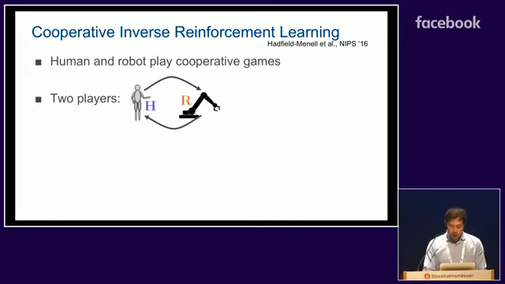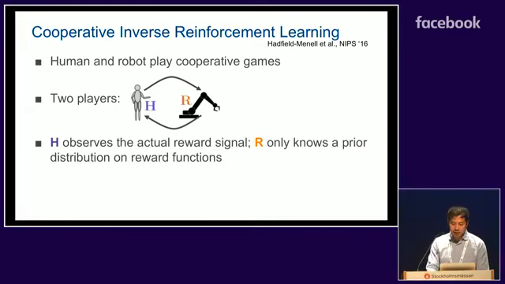And it's an asymmetric game in the sense that the human has access to the true human reward function, but the robot only knows a prior distribution over the human rewards. And actually, this is the key to making the learning problem more tractable than a general Markov game.